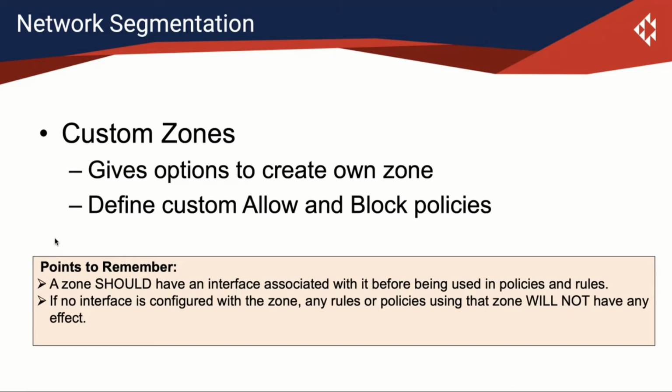Now, apart from these 4 zones, if you feel that you are not able to cover your requirements and require more stringent rules, then we also have the option of creating custom zones. In these custom zones, you can define your own allow and block policies. But as I mentioned earlier, a zone should always have an interface associated with it, and if no interface is configured, the rules will not work with the zones.